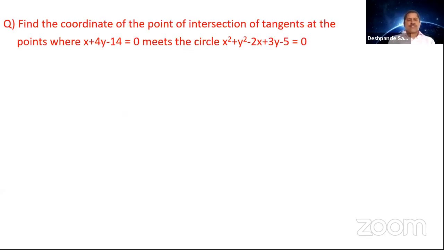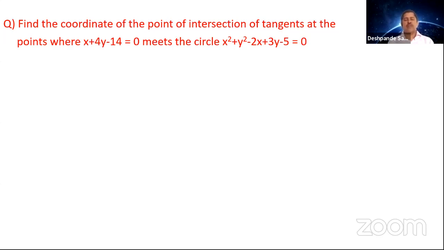Now the question is, find the coordinates of the point of intersection of tangents at the points where x plus 4y minus 14 is equal to 0 meets a circle x square plus y square minus 2x plus 3y minus 5 is equal to 0. Now, what is the difference between this problem and the previous problem here?